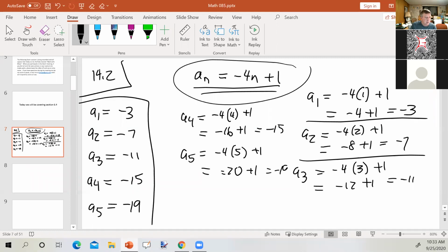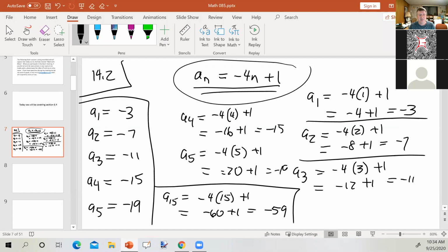Oh, it also says find the specified term, a sub 15. So a sub 15 would be -4 times 15 plus 1, which is -60 plus 1, or -59. Any questions or comments about this problem before I go on to another problem?